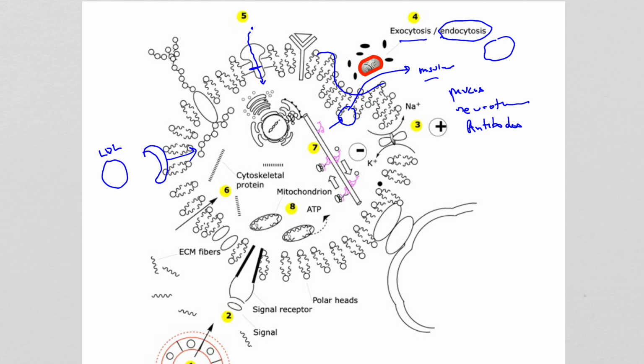And we'll see later that if you don't have the receptor, or the receptor is in lower numbers or is defective, then the LDL stays in the bloodstream, and it has a lot of cholesterol.